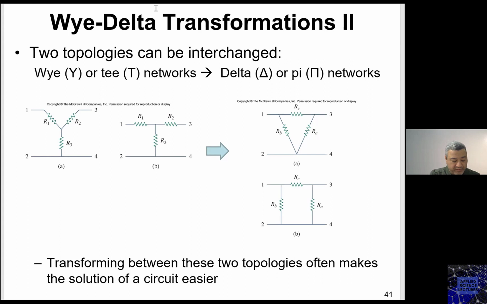So here, for example, if I have resistors connected this way, I call this a topology that I am calling delta. And then this is a second topology that I am calling Y. So that's a topology.